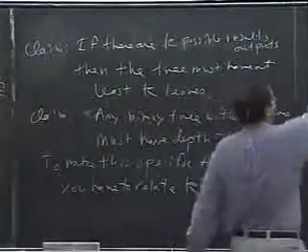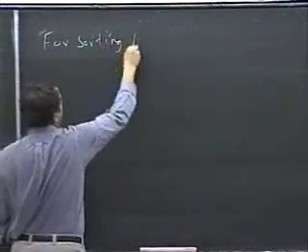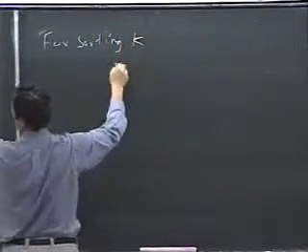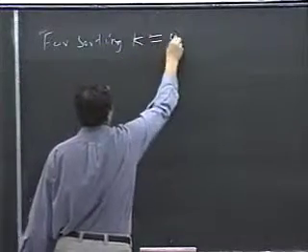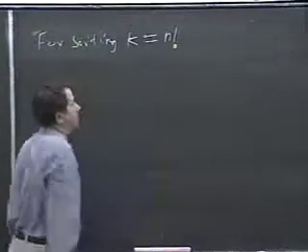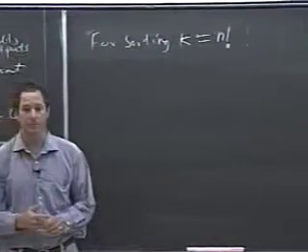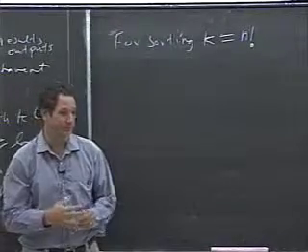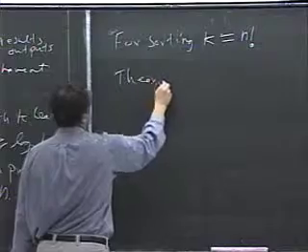So for sorting, well, actually k is the, must have at least k leaves. Yeah, k is equal to n factorial, because there are n factorial different answers that a sorting algorithm must be able to provide. So that gives us the following theorem.